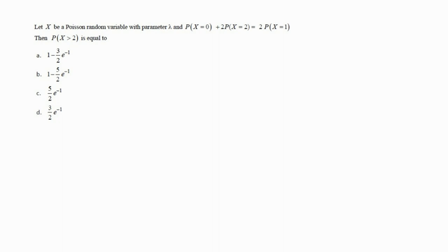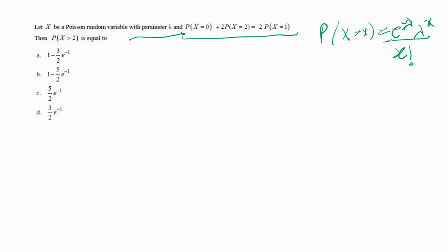So we have parameter lambda, we have the Poisson distribution, and then we have this equation given, and at last we need to find P(X > 2).